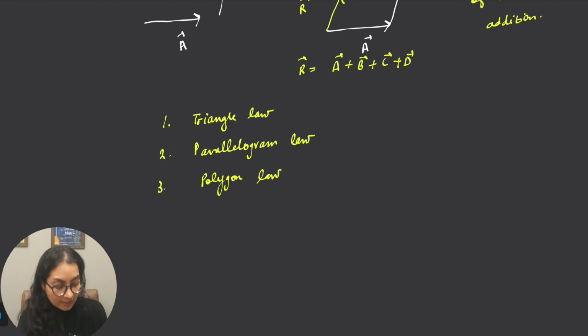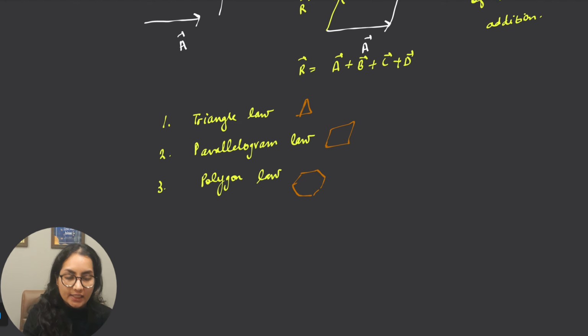And they are clear from their names. In triangle law, a triangle is formed. In parallelogram law, a parallelogram is formed. In polygon law, a polygon is formed with more than 4 sides, basically. So it can be anything, a pentagon, hexagon, octagon, more than that, right? Depending on the number of vectors you have.